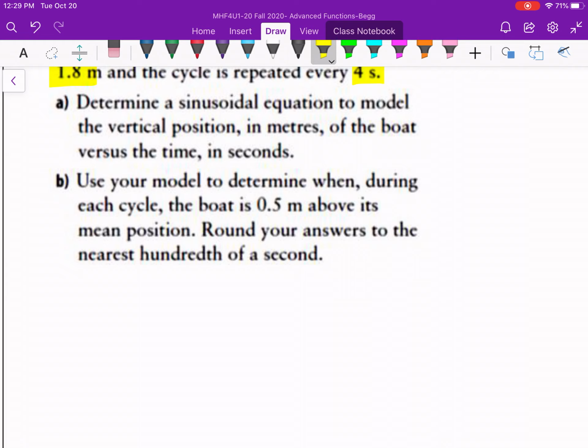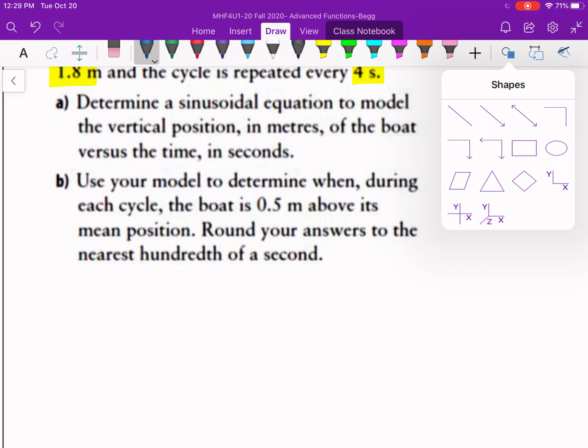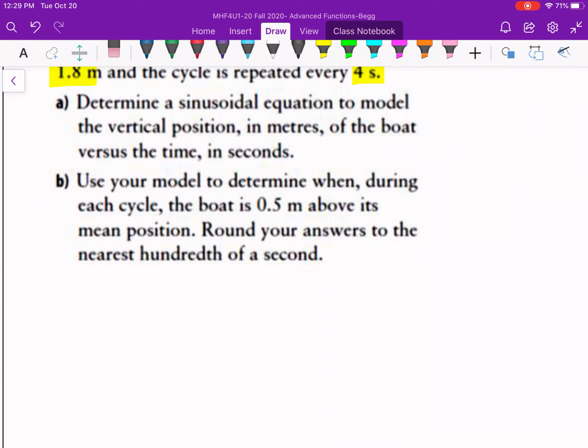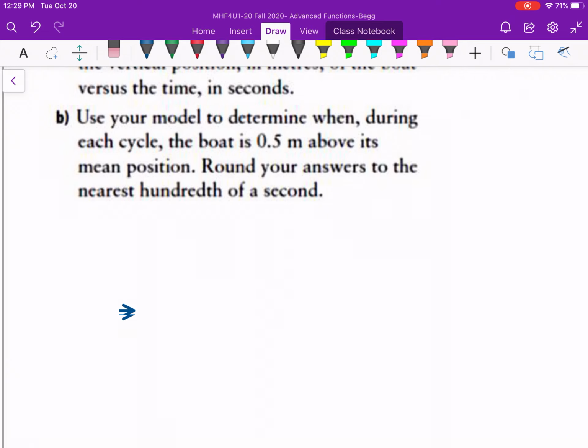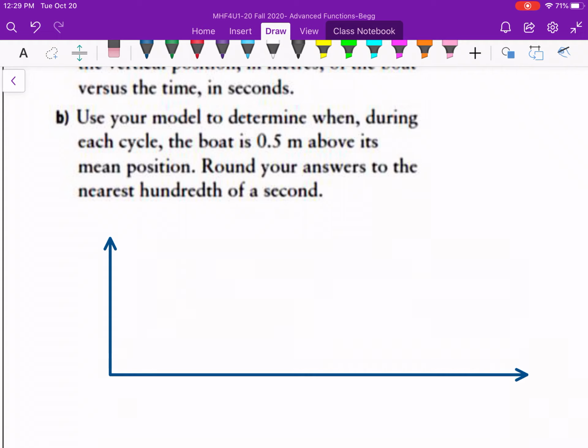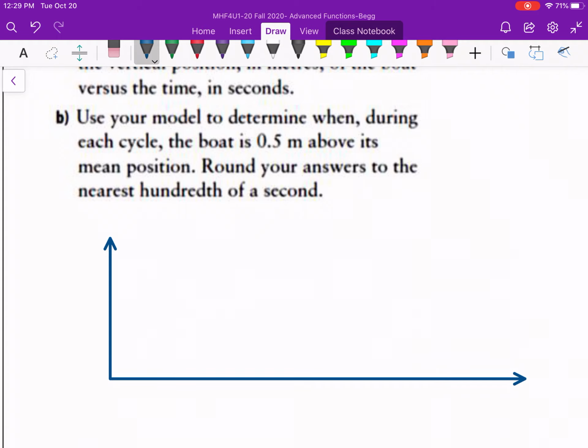They also don't tell us, they just say the difference between the highest and the lowest is 1.8. So with that lack of direction, I will just make some assumptions. I'll assume that the low point is at 0 meters and the high point is at 1.8 meters.